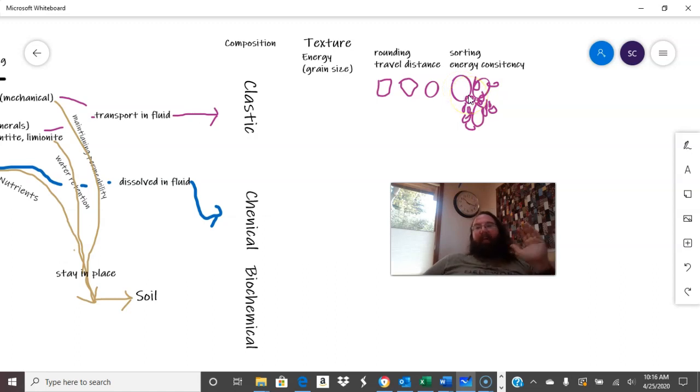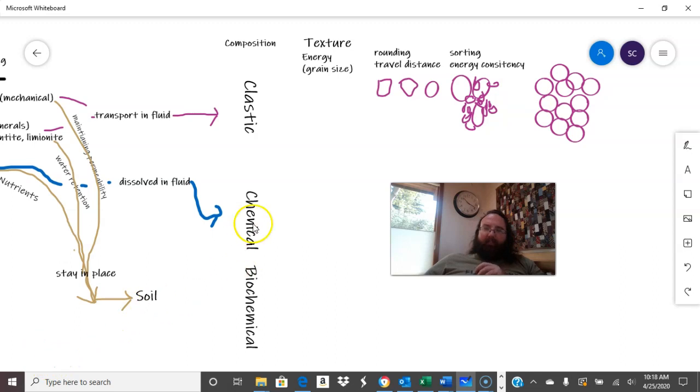A good example of this would be a flash flood. In the case of one of these events, you're going to have a poorly sorted deposit. Whereas if you have a very consistent current, you'll get a very well-sorted deposit where most of the particles will be just about the same size.